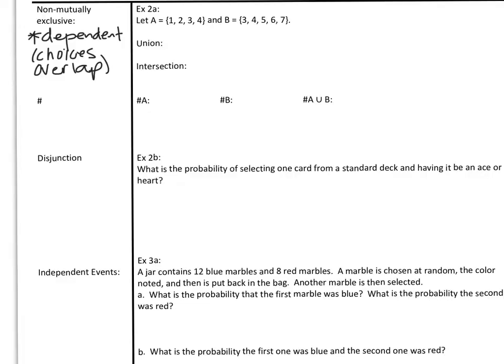Another option for probability is if you have a non-mutually exclusive situation. What that means is you have dependent events where choices may in fact overlap. Let's take a look at example 2a. It says, let A be the set of numbers 1 through 4, and B be the set of numbers 3 through 7. Now, their union would be all possible choices, almost like the domain, so all choices.